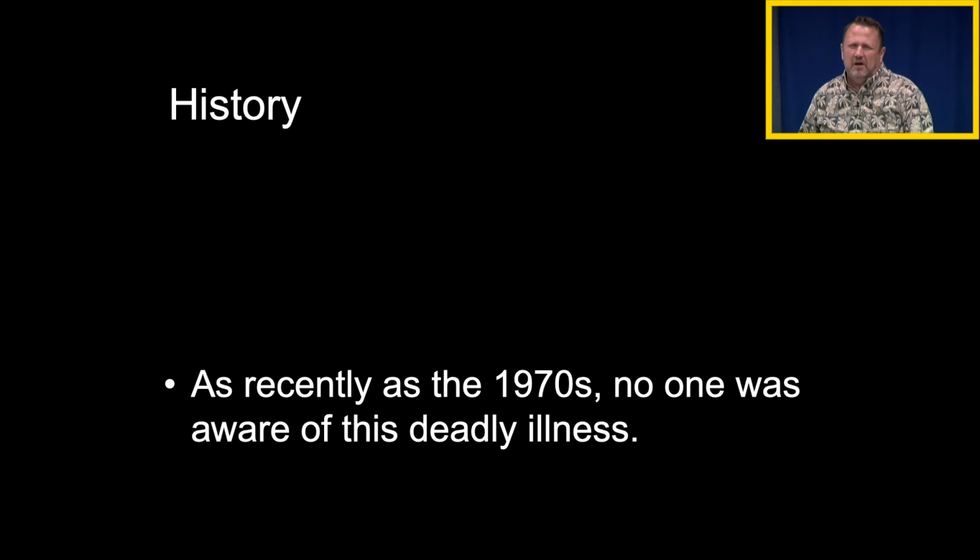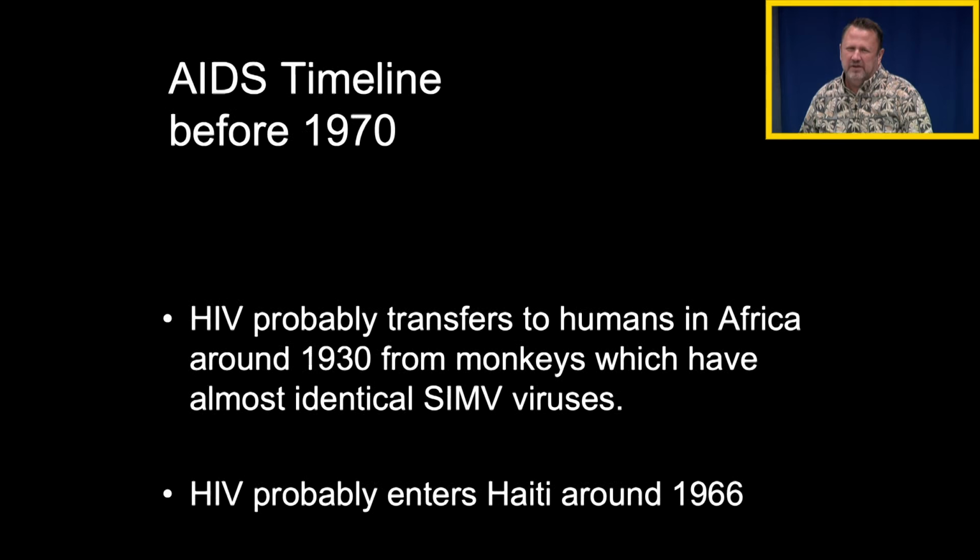All right, let's talk about the history of HIV. As recently as the 70s, no one was aware of the deadly illness. HIV probably transferred to humans somewhere in Africa around 1930 from monkeys, which have almost identical viruses to HIV. The simian immune viruses are very similar to HIV.